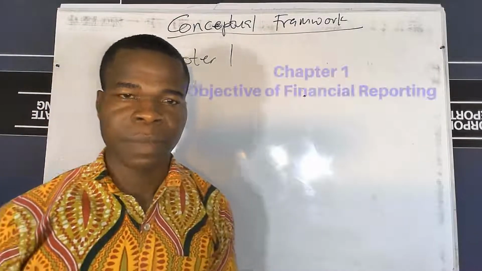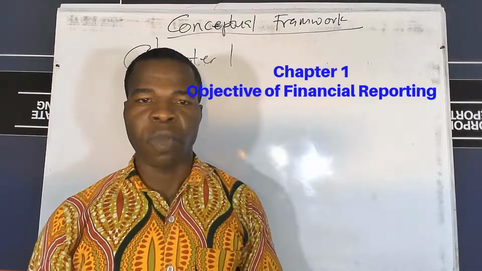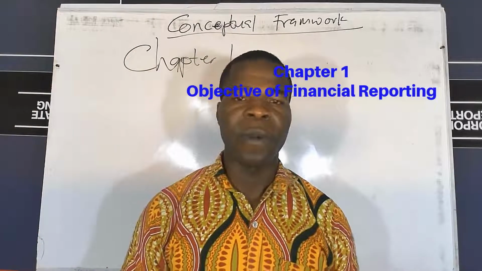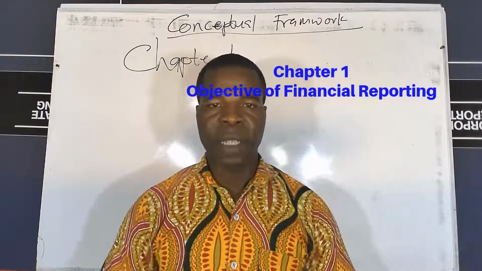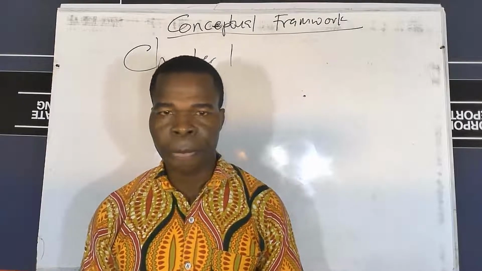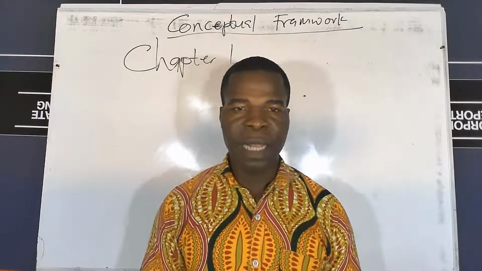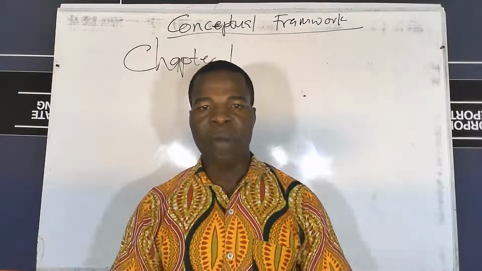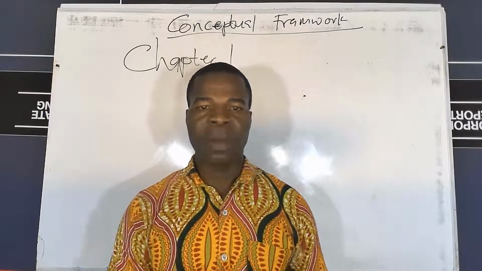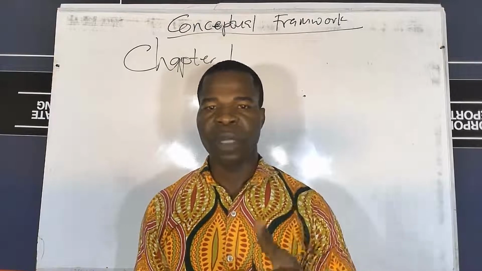Chapter 1 talks about the objective of financial reporting. Now when we talk about the objective of financial reporting, it is the fundamental chapter of all the other chapters. This means that all other chapters are derived from this objective.